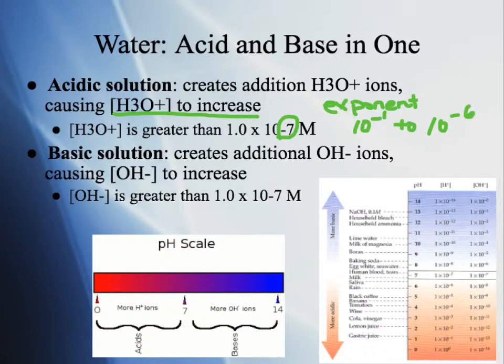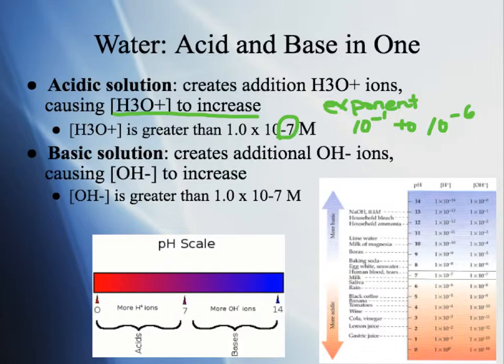So even though we say it's greater than 1 times 10 to the negative 7th, that means the exponent is actually less than negative 7. Or the value, I should say, is negative 1 to negative 6. Remember, it's opposite when we're talking about negative numbers. Negative 1 and negative 6 are greater than negative 7 on a number line.